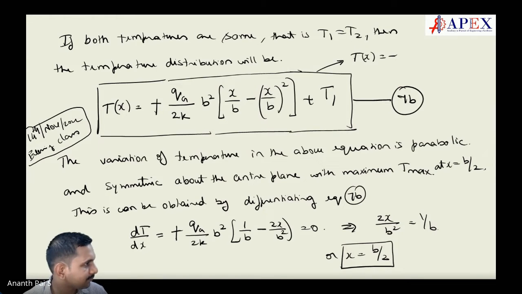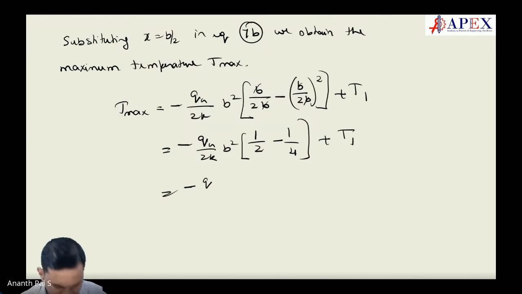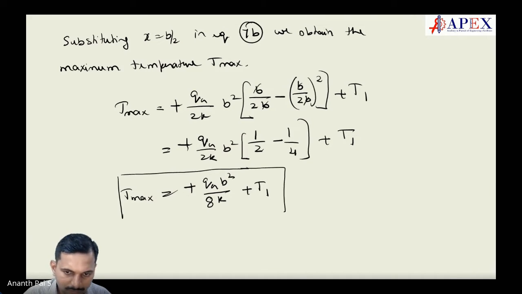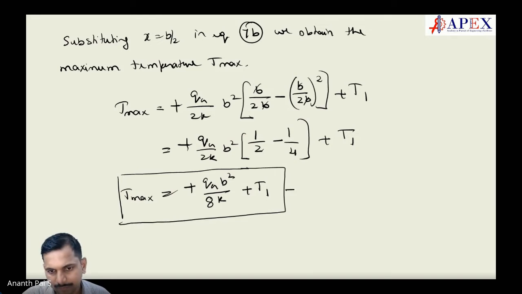Done. Now, this would become plus then. This would go as Qg b square by 2k, and here you'll have 8k, is it not? 8k plus T1. Very important. This is the T max. Better you remember this, students. This is to be remembered, okay?